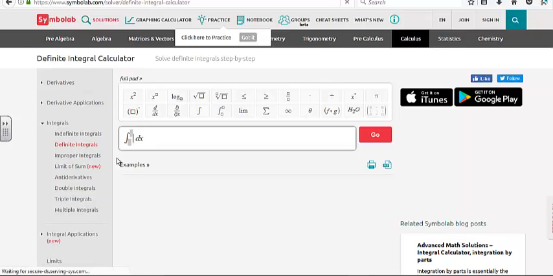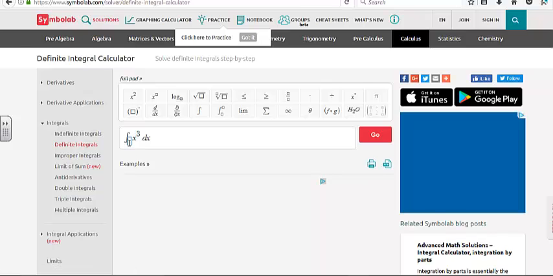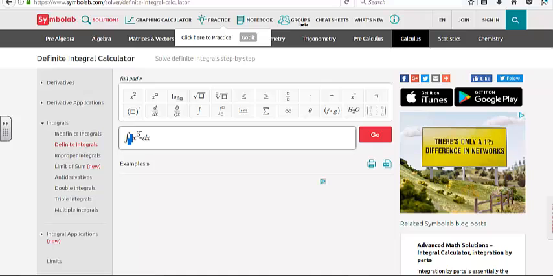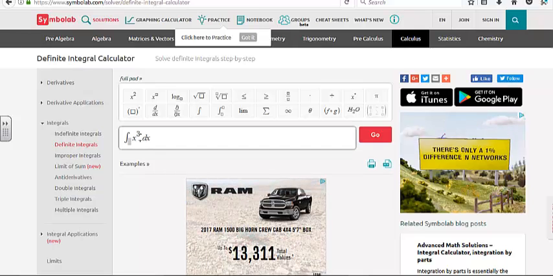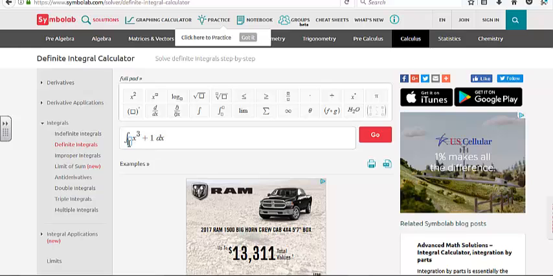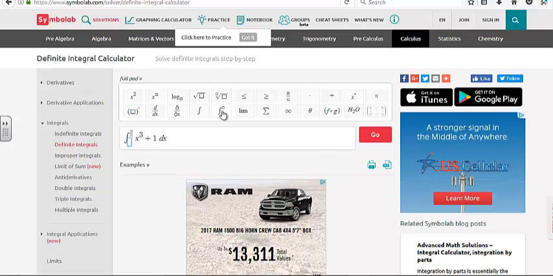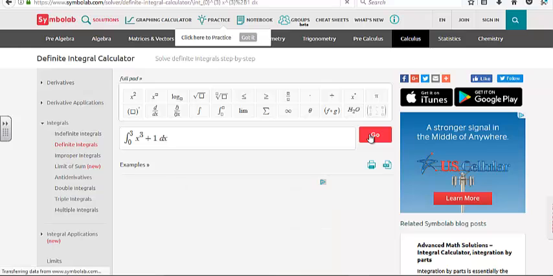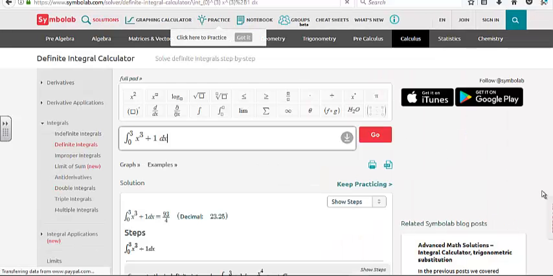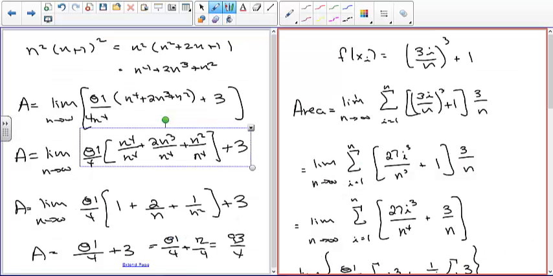So my equation is x cubed, actually it's x cubed plus 1, and I integrate from 0 to 3. There it is, x cubed plus 1, integral from 0 to 3. You'll see why this is true later. I'm just checking my answer, so if I made a mistake. 93 fourths. Hey! I got it right. Okay, so I did do it right.